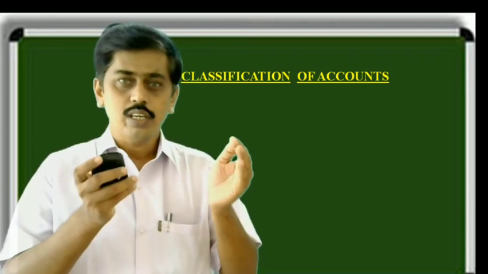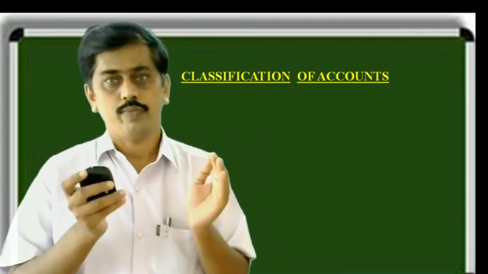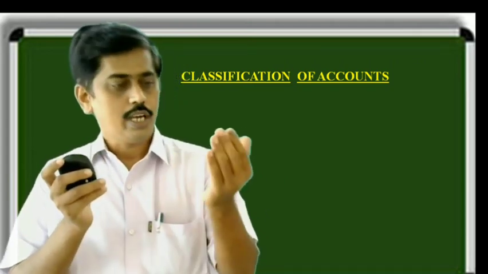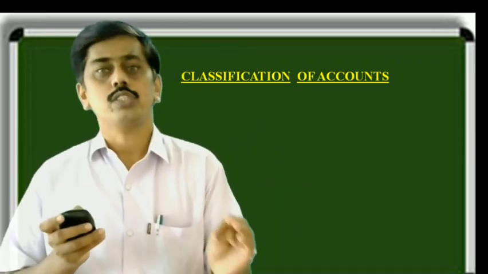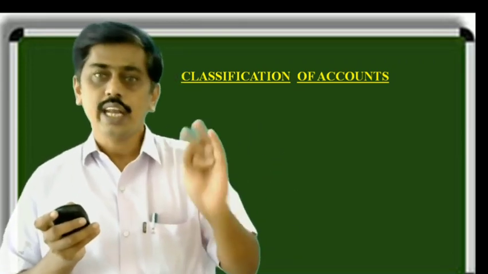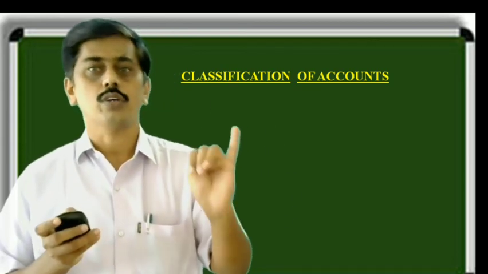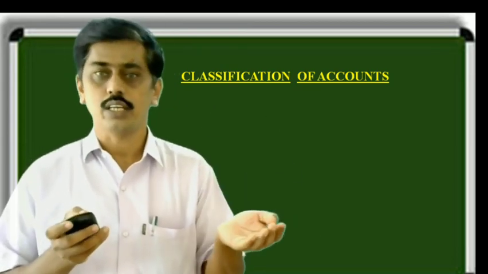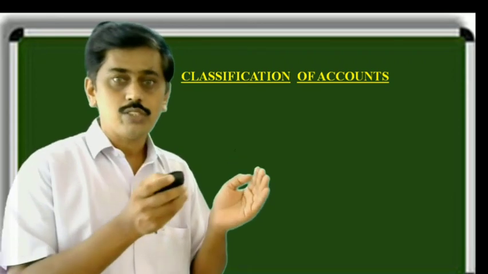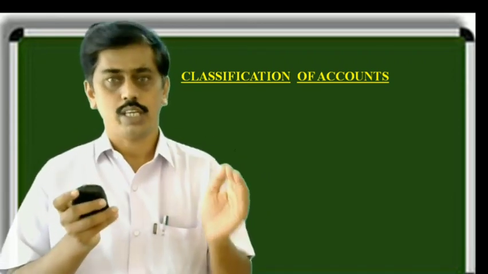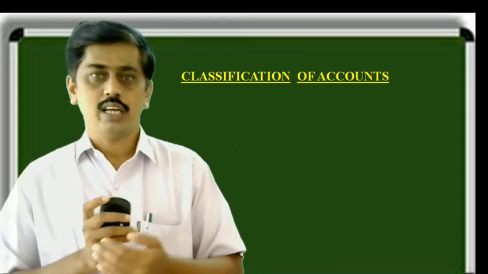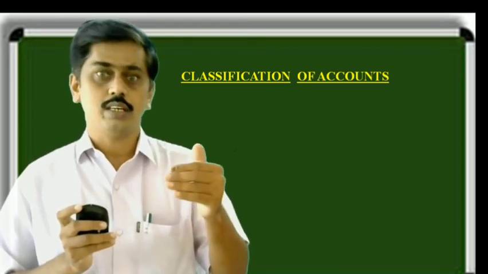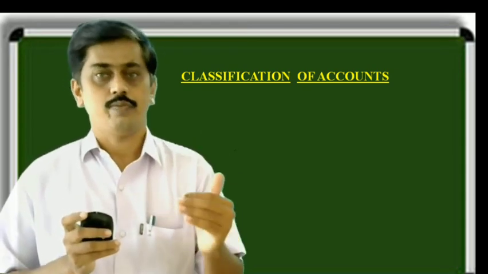What's an account? It's a summarized record relating to a thing or an asset, or relating to a person, or an expense, or loss, or incomes or gains that have taken place during a given period of time. That's the simple meaning of account, and we'll discuss it in detail later.